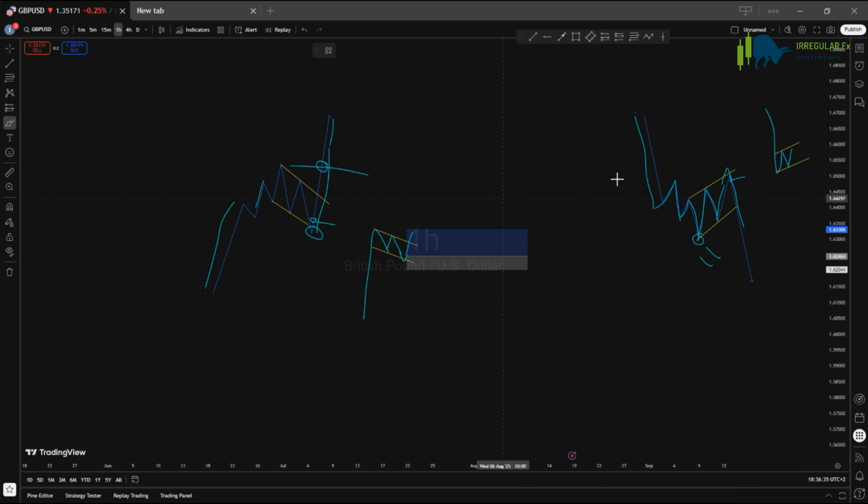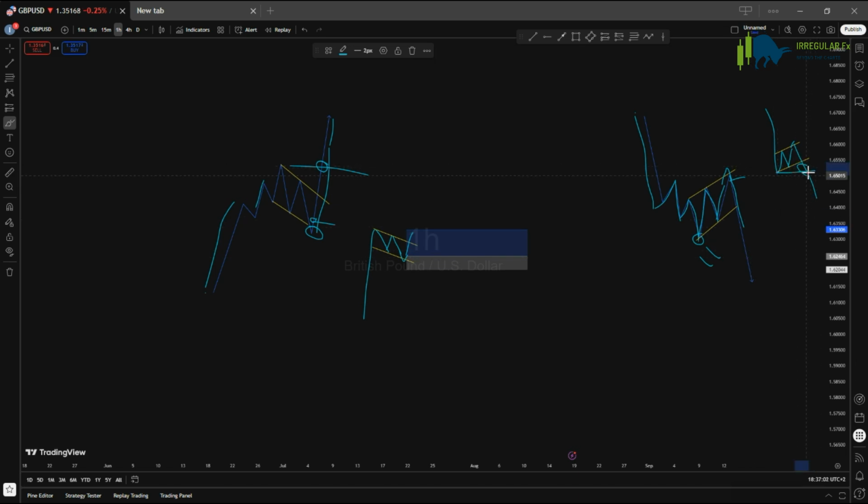Then on the third touch, the market needs to break above the resisting trend line. Then the minute it comes back inside the trend line, that's where you take your entry, then you catch the rest of the impulse to the downside. But to be safe, aim for 90%, which is somewhere around here.